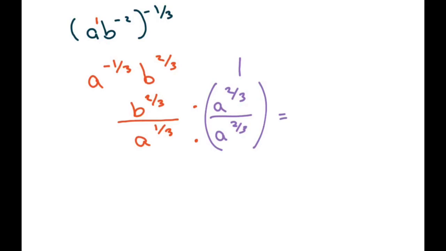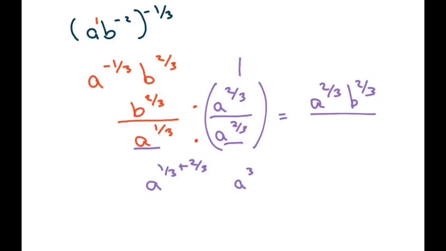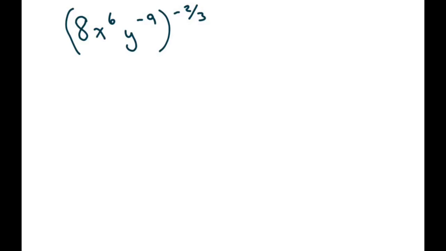And what you'll get is a to the 2/3 times b to the 2/3. And the reason we did that is so we don't have an exponent in the denominator, is when you add these up, a to the 1/3 plus 2/3, you get a to the 3/3, which equals a to the 1st power. So you just have a. And that looks nicer.